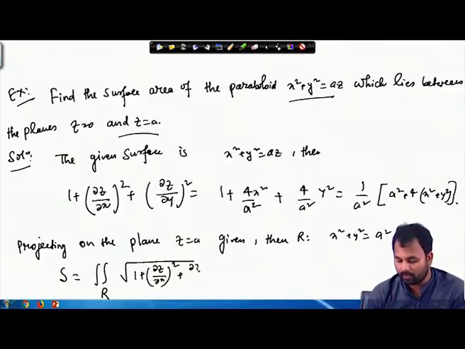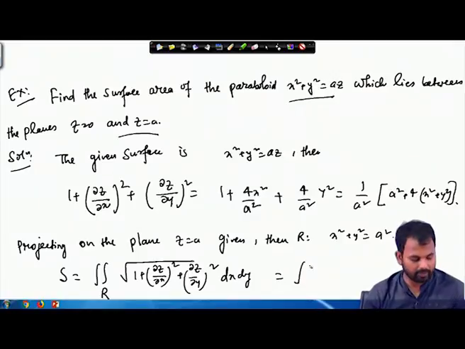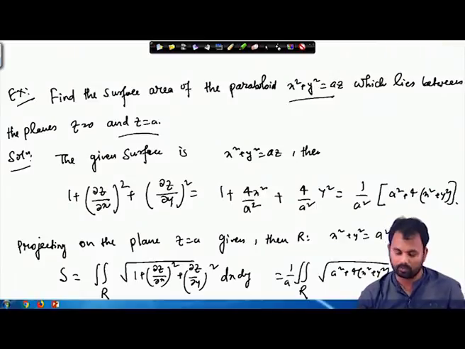All right. So, del z del y square dx dy, and this will be integral 1 by a integral over the region R, it will be square root of a square plus 4 x square plus y square dx dy.